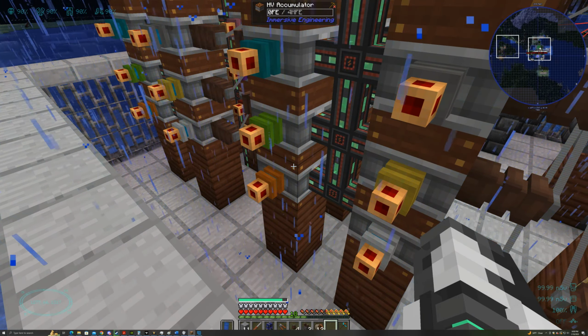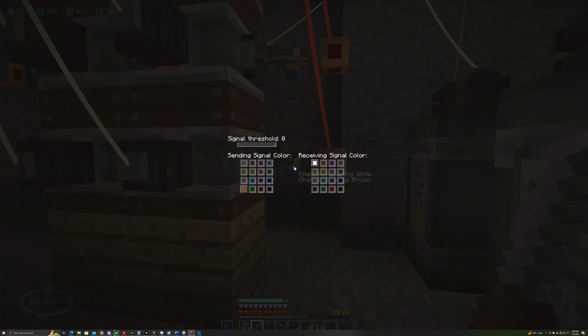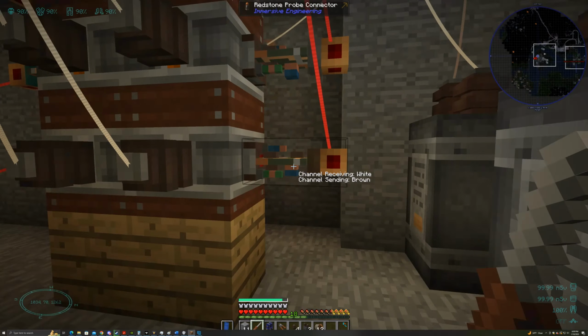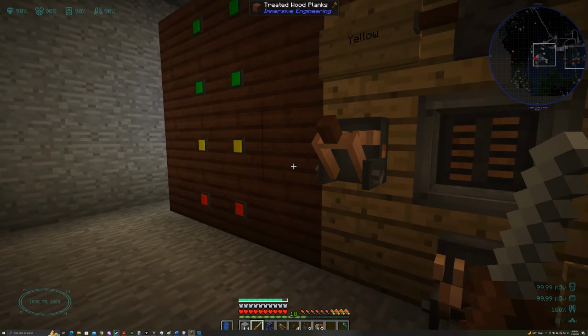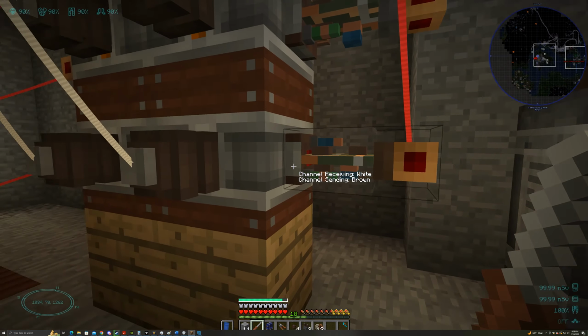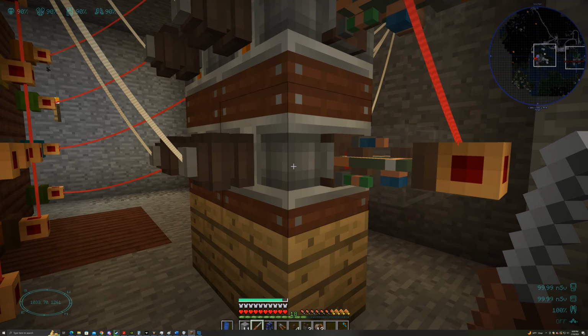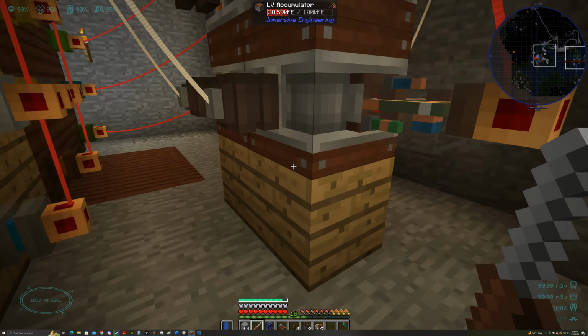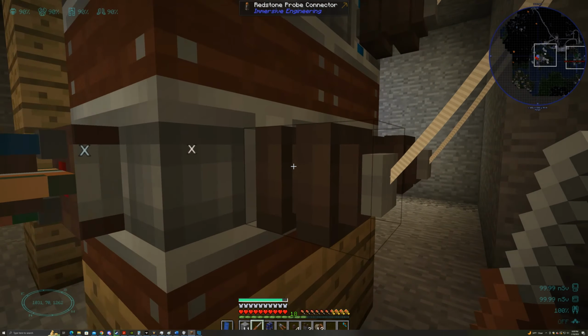Because now that we're back here, these have a signal threshold. So, depending on whether they're sensitive or not, I don't know if this sends out a signal strength based on its state of charge. Although we can test that because it's not likely to be full.